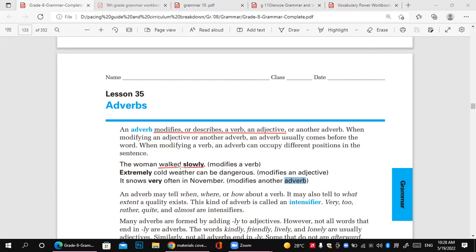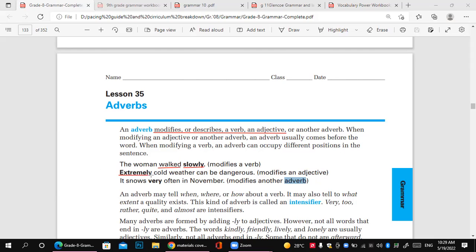Okay, the next example: extremely cold weather can be dangerous. So here is extremely. Why extremely? Because it describes the cold weather, how cold the weather is. Is it extremely cold or just cold? Yes, it's extremely cold. It's very cold.